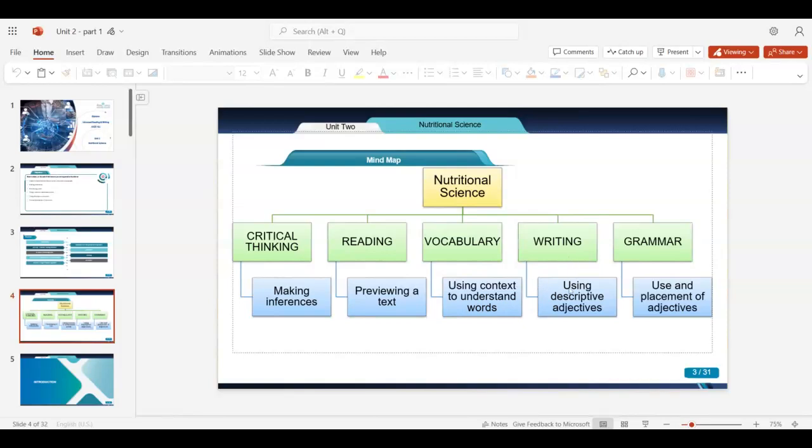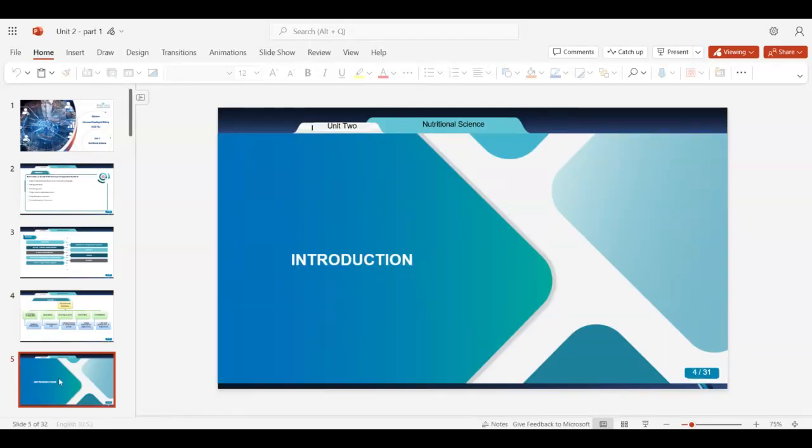In writing we discuss descriptive adjectives, and in grammar we discuss the use and placement of adjectives. So these are the main points of unit 2.